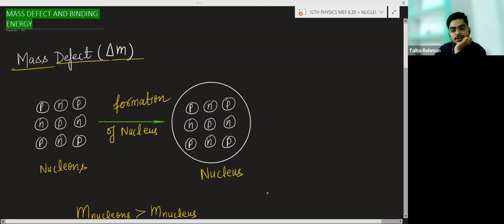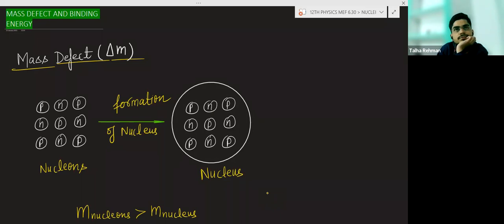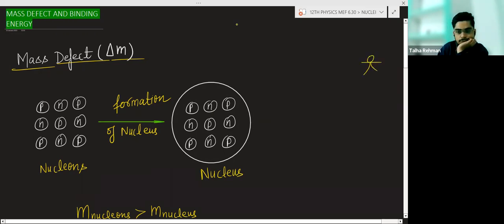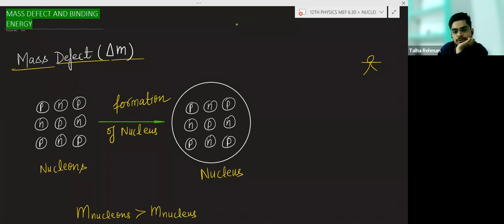Now, suppose this is a person here, and I am having three balls. I am having one ball, two ball, and three ball. So this is 2 kg, this is 1 kg, and this is 3 kg. And now I am giving these balls to this person.